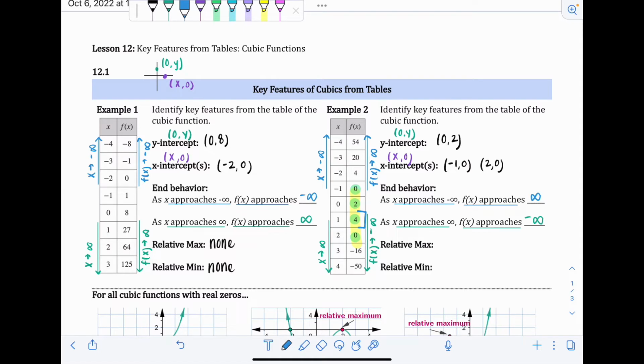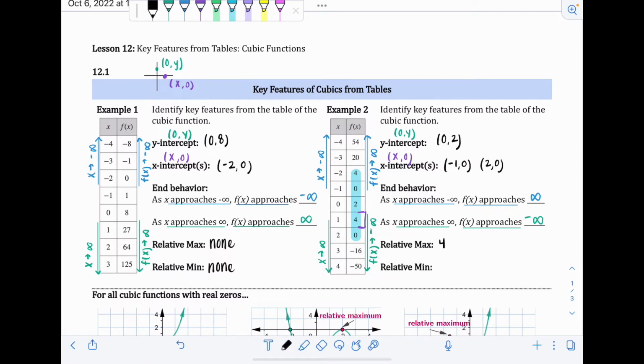So we're going from 4 down to 0, up to 2, up to 4, back down to 0. This is a point where it's changing direction. It goes from 2 to 4 to 0. So picture if we're going 2, 4, and then down to 0, that's going to be a maximum. So we would have a maximum at 4.